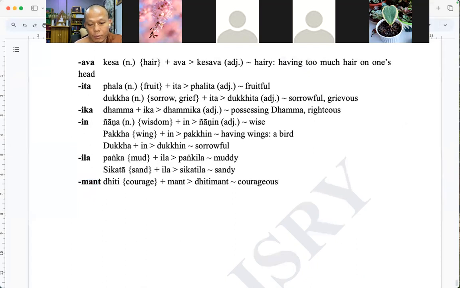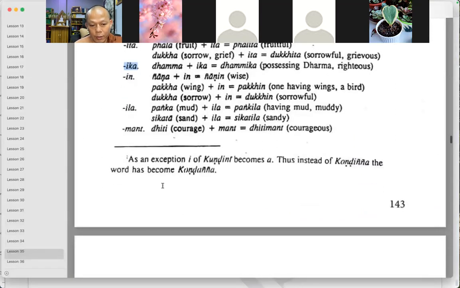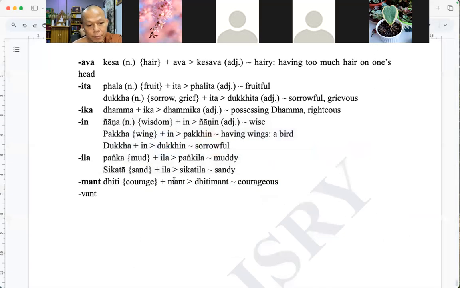And then, next word is vant. This vant also, we already learned. Bala means power. After that, vant.